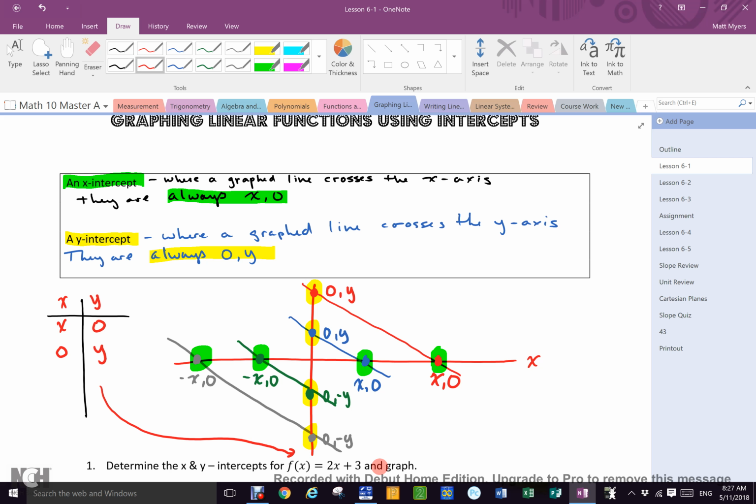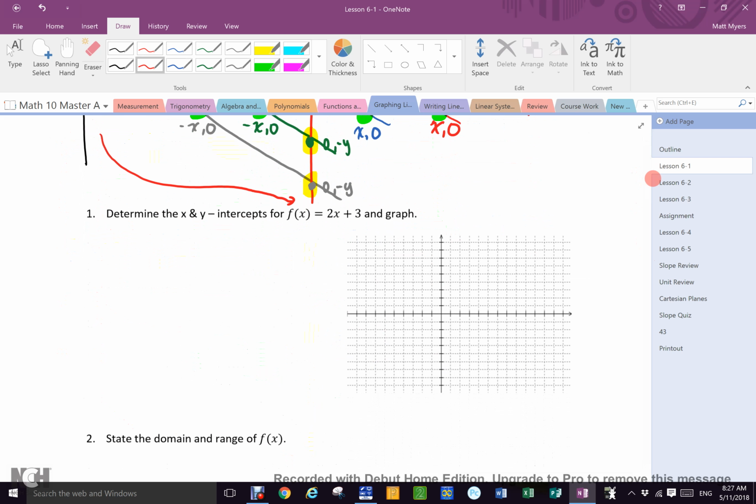If you have a table of values, what can you do with those values and an equation? Fill it in, right? So, let's do that. Determine the x and the y-intercepts for this equation. F of x equals 2x plus 3, which means I need a table of values.